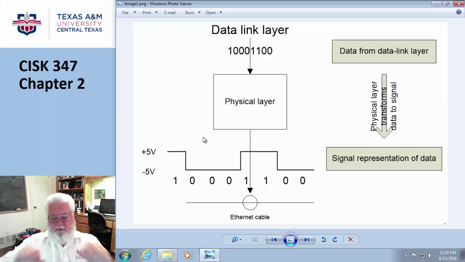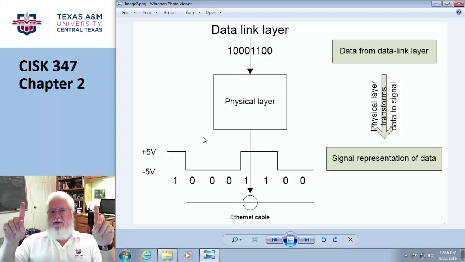Coaxial cable, which could be the old style Ethernet from a long time ago, or cable TV, that kind of thing. Fiber optic, which is used for almost everything for long distance telephone operations. And then all sorts of radios and funky things, like infrared and laser and radio and all these other things.